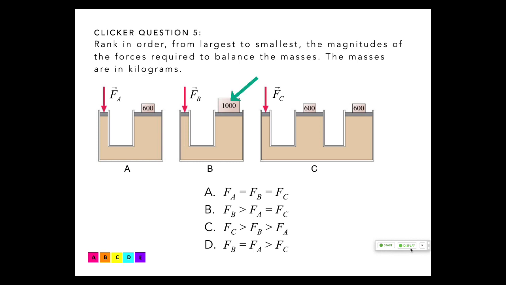So obviously this is going to need more force because you have more force on this side with the same area. But what about over here? So this is 600 over this area. And then you double this, right? So you have 6,000 newtons. But you also double the area. So the pressure is the same. So the force you apply over here is the same.